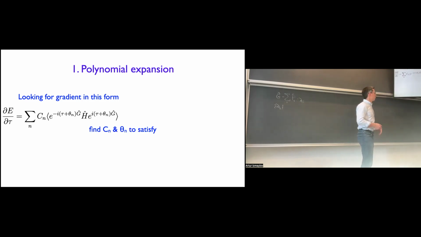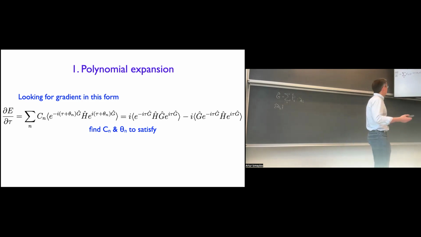So there are two quantities to find in general: the coefficients and the shifts, for every gradient. We have a lot of parameters to find, but the idea of those parameters is to give us the gradient, and we know that the gradient in general is written like this.